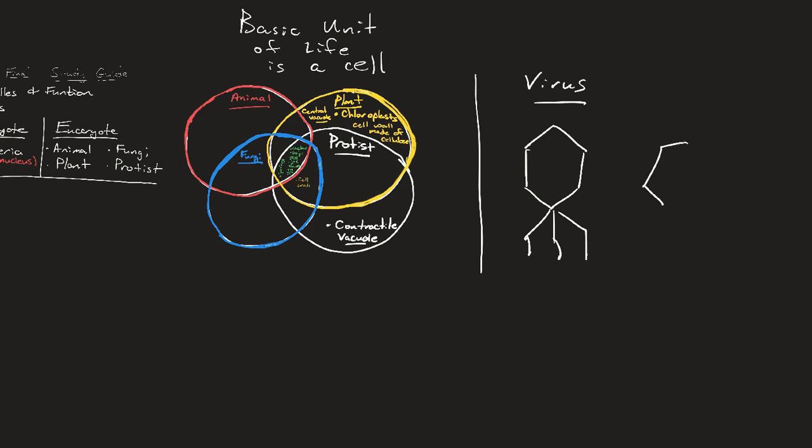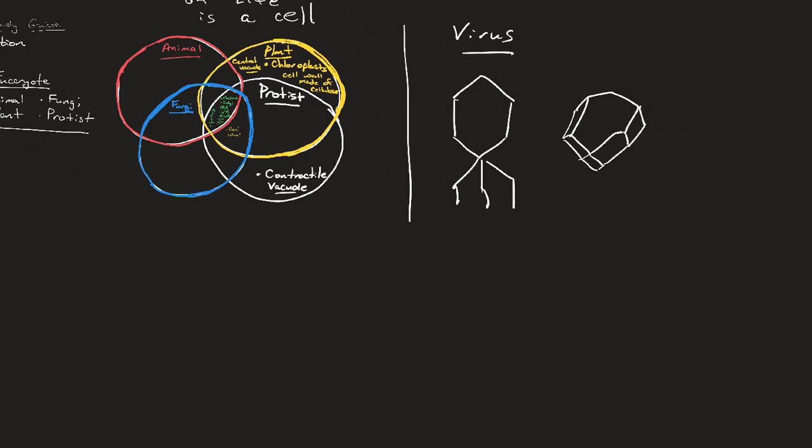They're very tiny compared to other cells. Inside, they have either DNA or they have RNA, single-stranded RNA or double-stranded DNA.